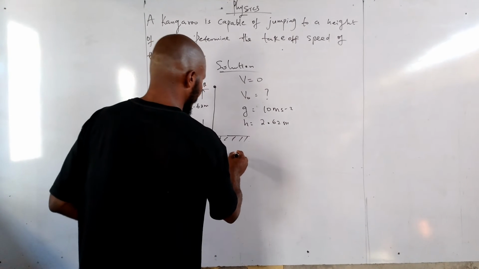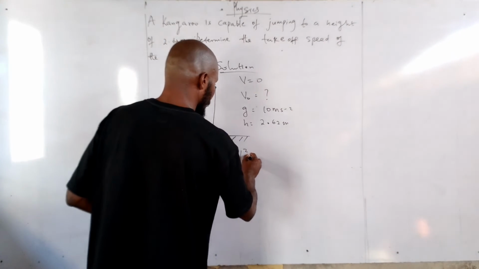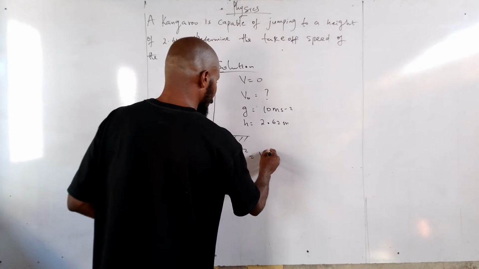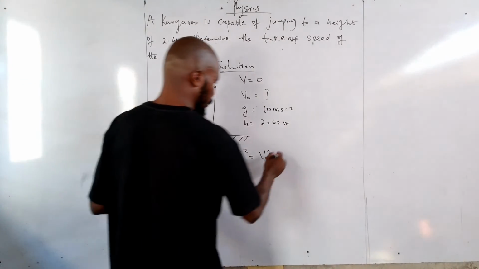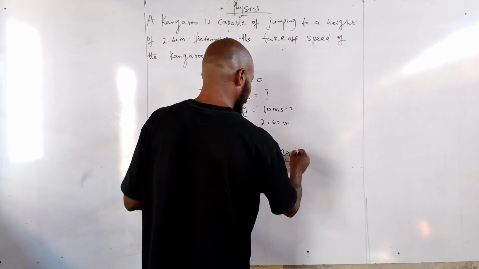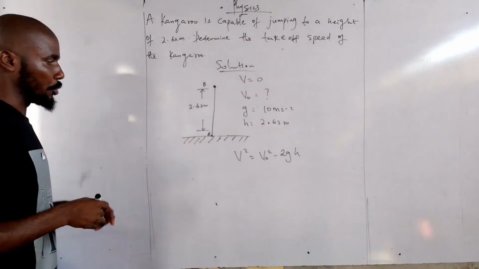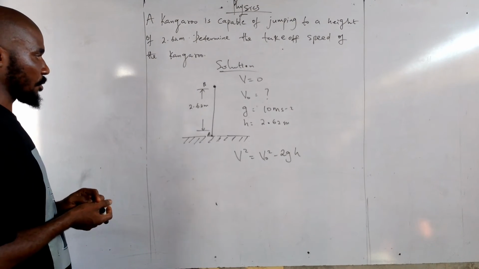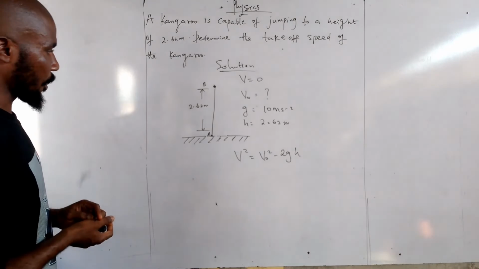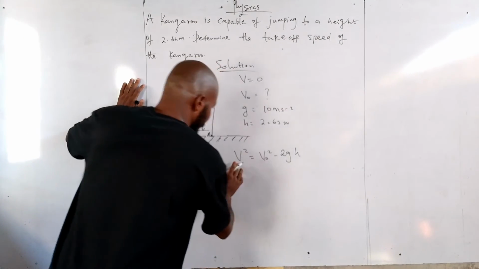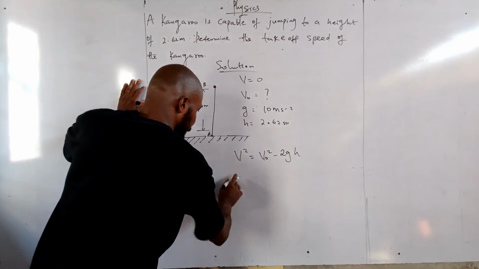So we are going to use the formula that says V squared equals V0 squared minus 2GH. That's the formula that we are going to use in this particular case. Anywhere I see V, I put 0.